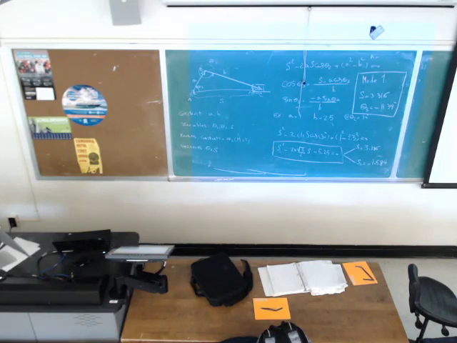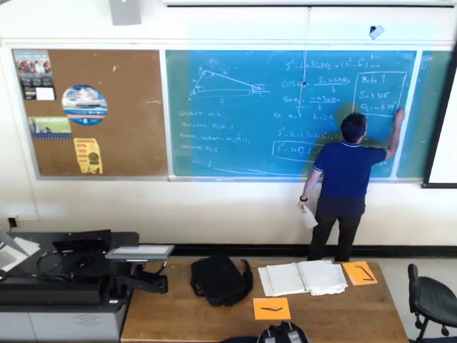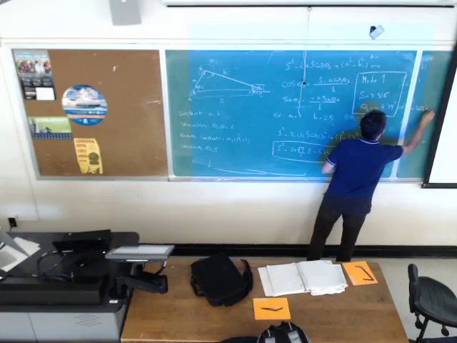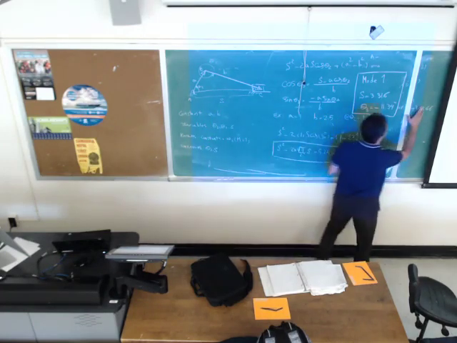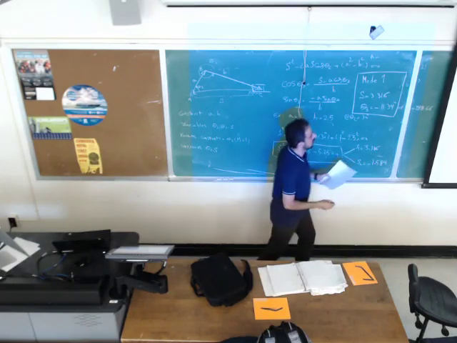So these two angles are the same. Either we can say that theta 3 is negative 11.34 or positive 348.66.